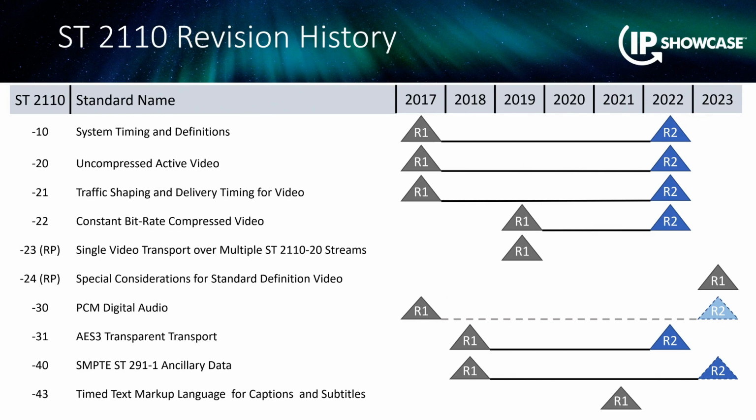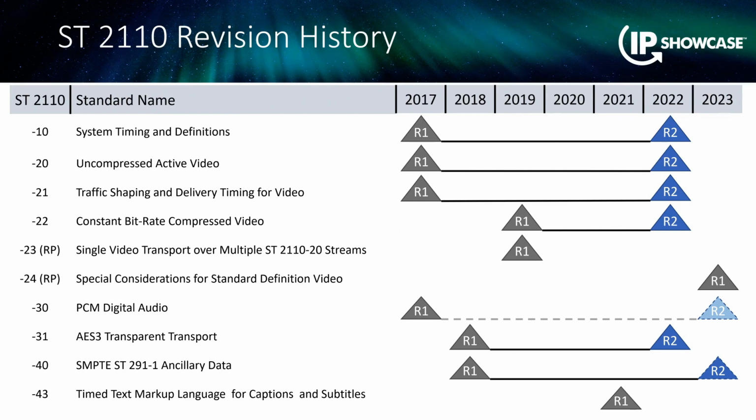And then 2110-30, which is the audio, uncompressed digital audio, PCM audio. All of those basically form the core of 2110, and they were all in the process of being updated or have been updated in 2022.